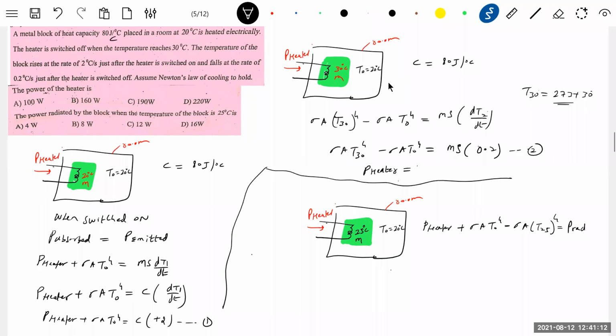That is a major problem. Solving 1 and 2 only, you should get the answer. That is what I'm telling. How much will it be? 160, approximately. Okay, nearest value. Actually, there's a problem. If this is 160, the temperature of the block rises to this will also become 160. You see here.